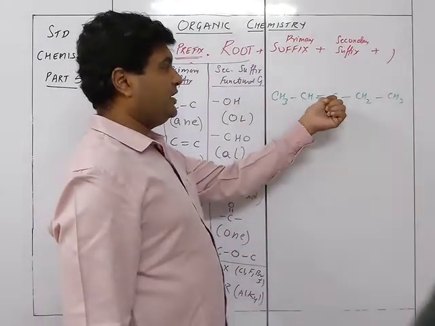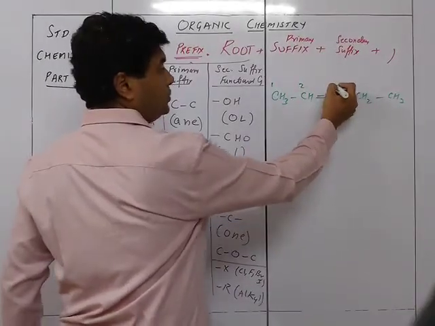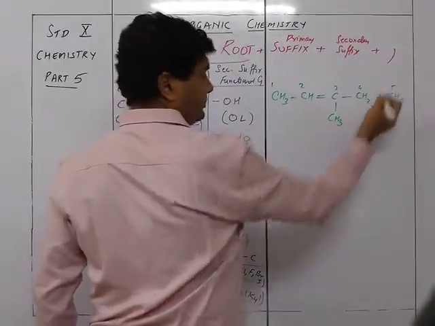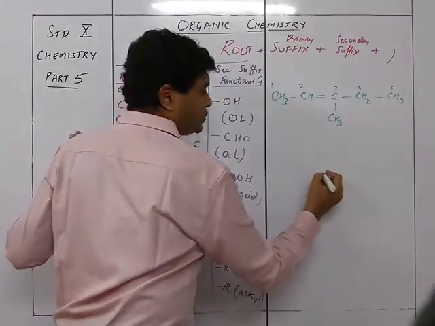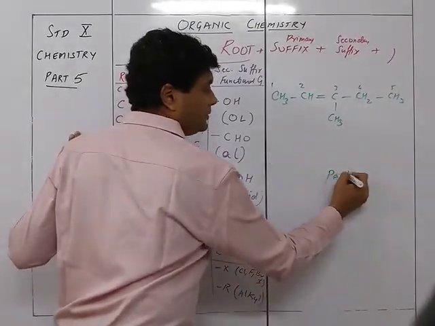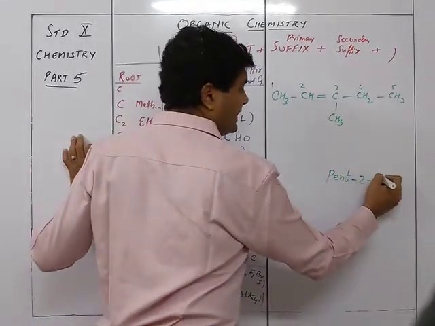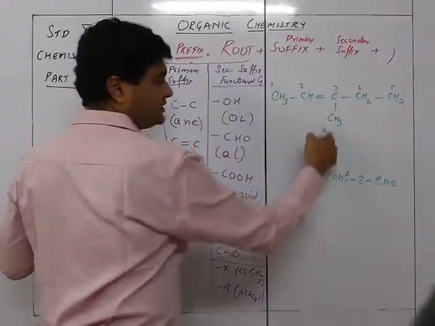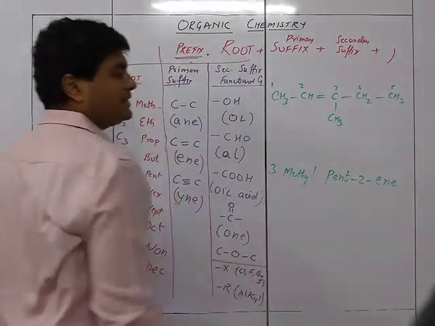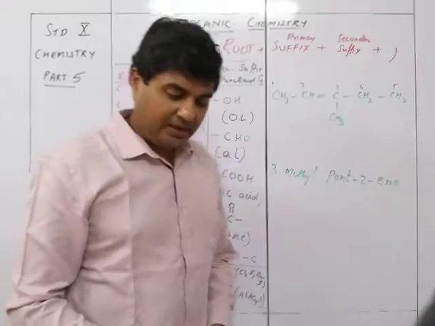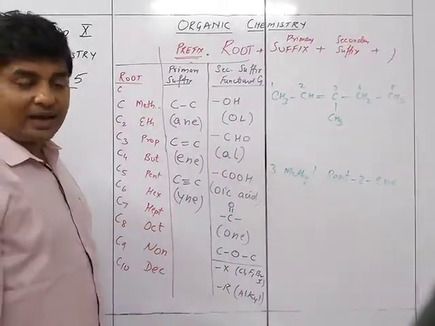The numbers will definitely start from here, because the double bond is here, so it will be 1, 2, 3, 4 and 5. Accordingly this will become a pentene, so it will be pent, but the double bond is at 2, so it will be -2-ene, and this is 3-methyl, so it will be 3-methyl pent-2-ene. It will be 3-methyl pent-2-ene, the answer for this one.